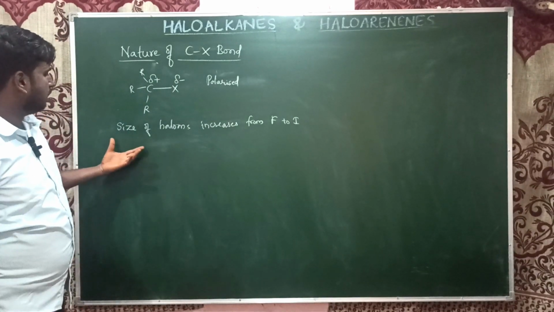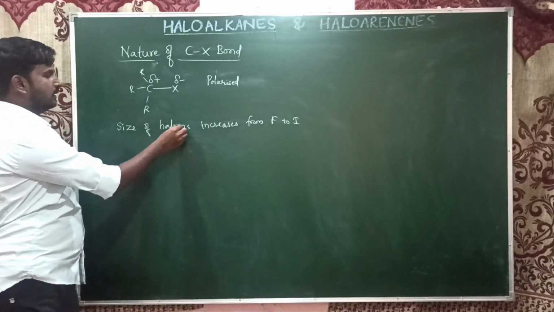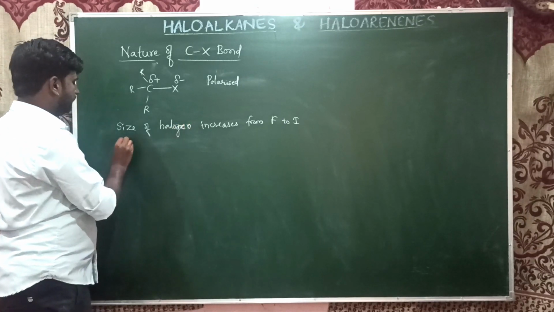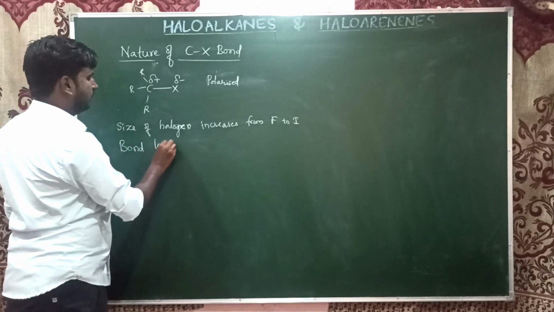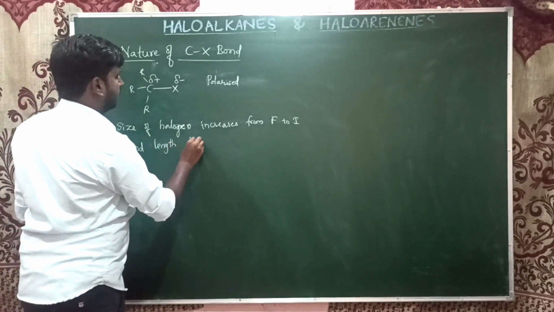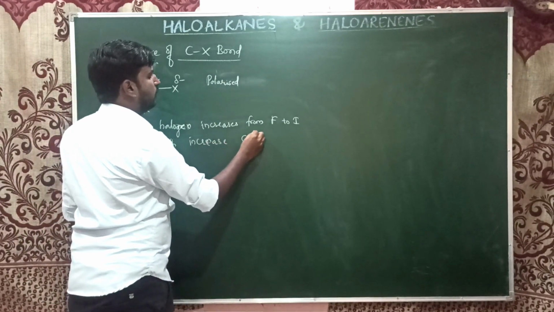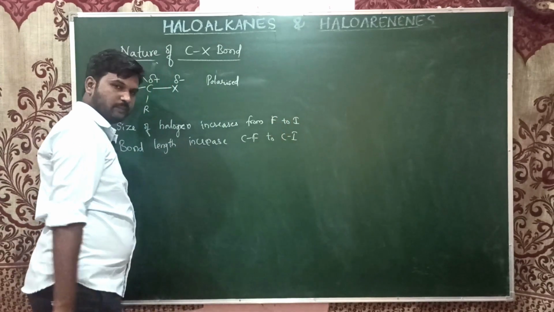As the halogen size increases, the bond length also increases from the carbon fluoride bond to the carbon iodide bond.